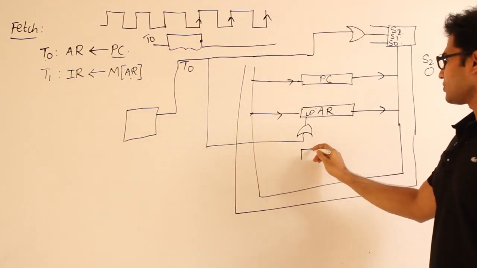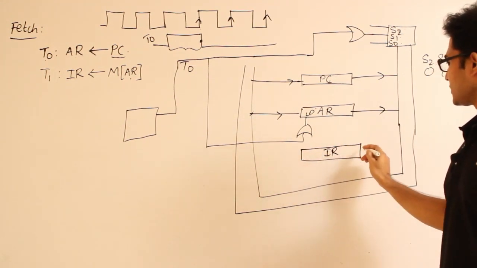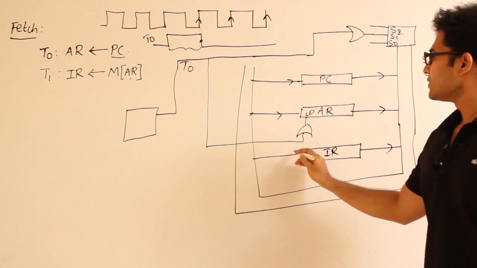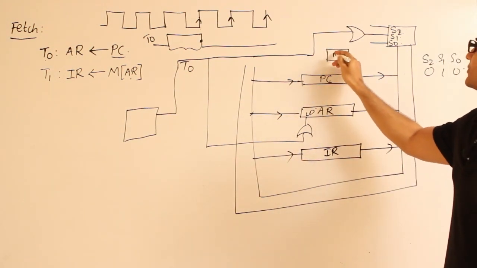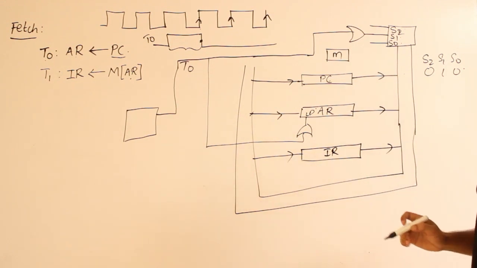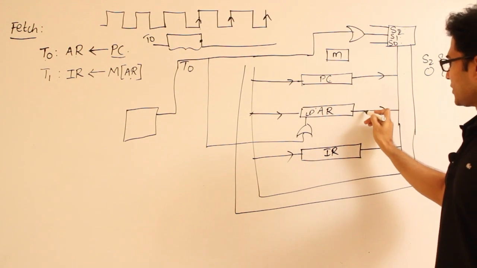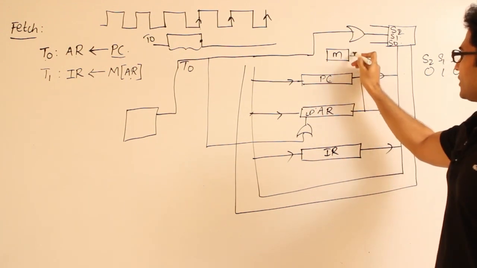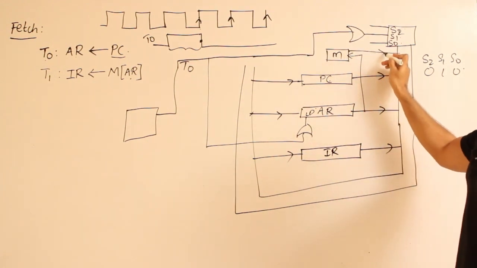Therefore we need one more register. We have it already, the instruction register, which is also connected to the bus, and assume that this is the memory, which is also present. And to the memory I have to give the address register's address. It is already given. Got it?